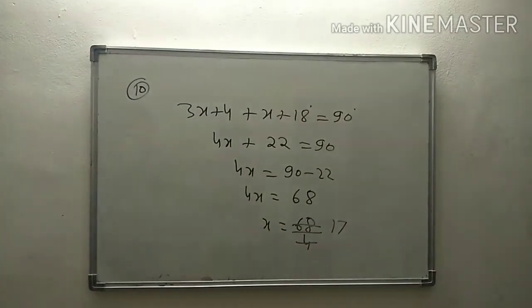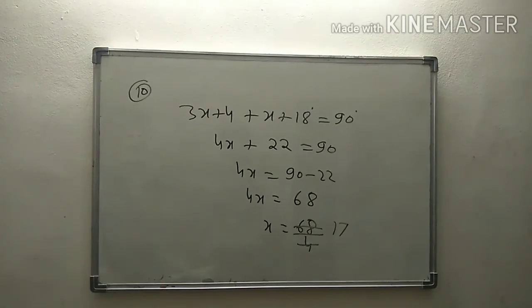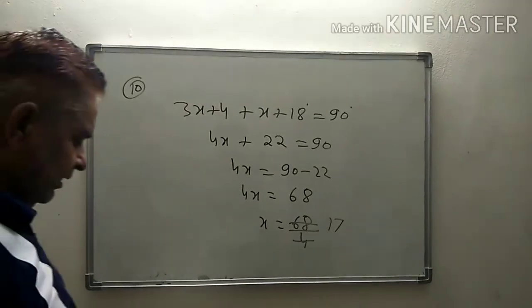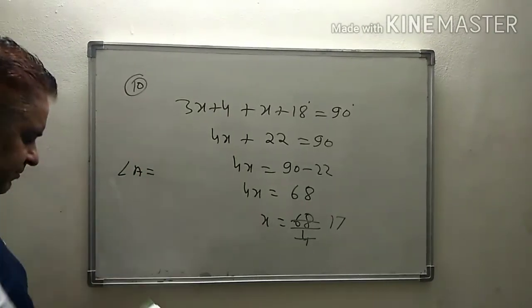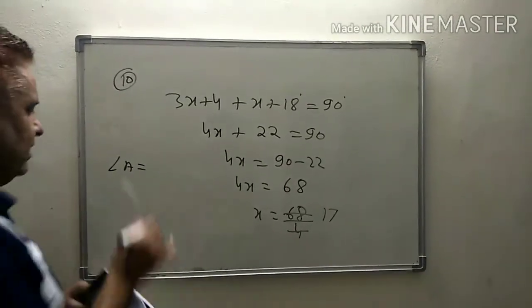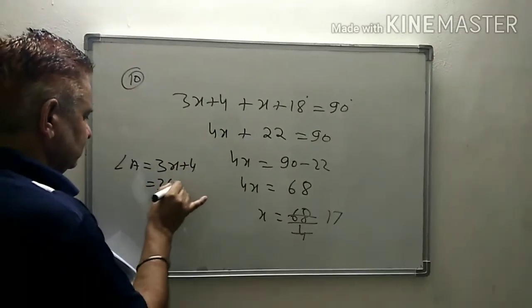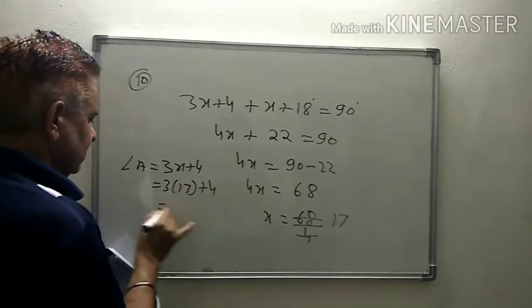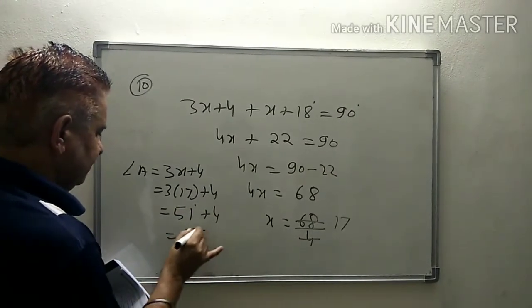x is 17. And you have to know about angle A and angle B. Angle A is given as 3x plus 4, which is 3 into 17 plus 4, 51 plus 4, 55 degrees.